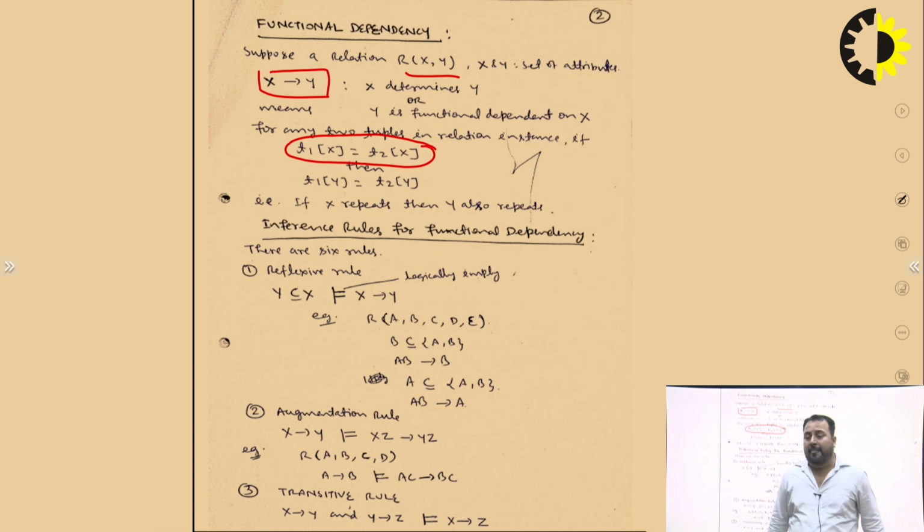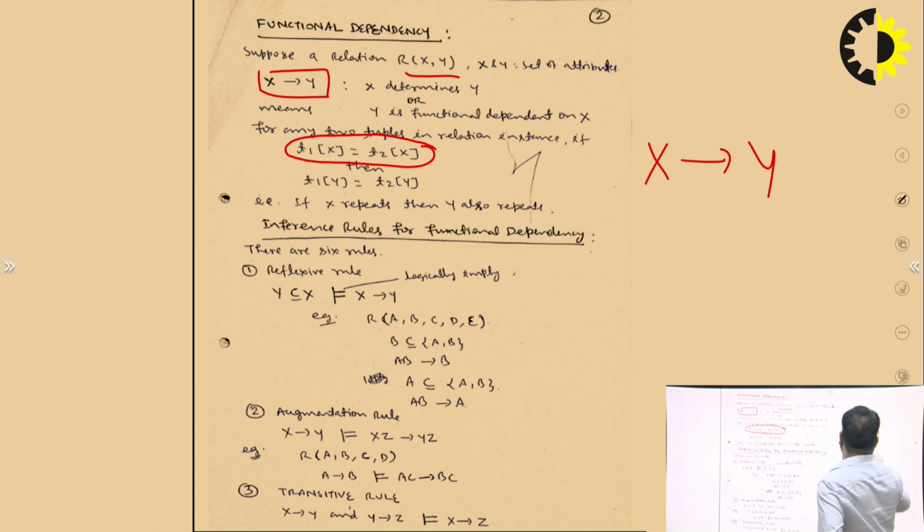Now functional dependency has 6 inference rules. Inference means how you can infer from it. One is the reflexive rule. Consider this as the left hand side and this as the right hand side, where x and y are a single attribute or a set of attributes.